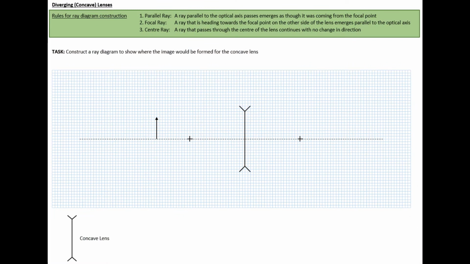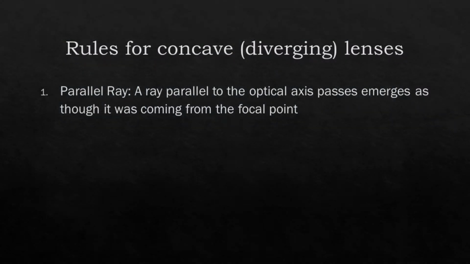Before we get into drawing our pretty pictures, let's go over the rules for drawing the three rays for concave or diverging lenses. Firstly, a ray parallel to the optical axis emerges as though it was coming from the focal point on the same side.